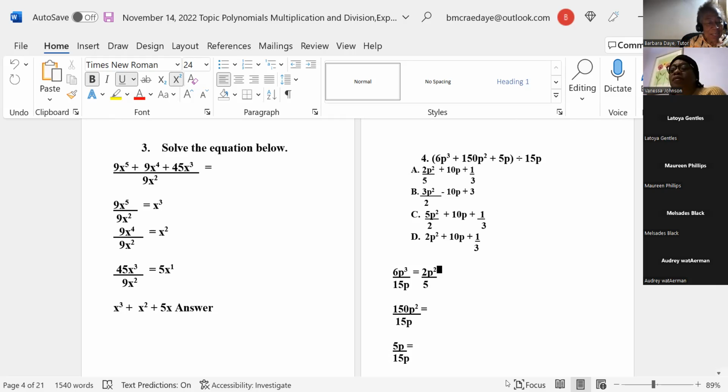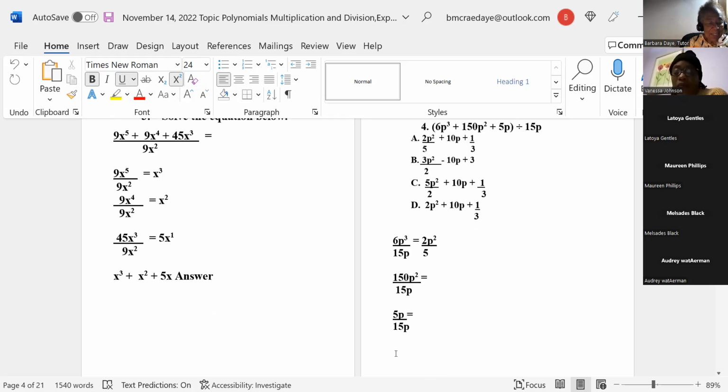We'll keep going because I want the others to do this, because that may not always be the case. So Vanessa told you your answer is A. Yes, Mercedes. Thank you, Miss, because when I got the answer, I didn't know that I could put it like 2p to the second power over 5. Well, you know how to reduce fractions, right? You don't see a 6 over 15 in the answer, so you've got to simplify your fraction.